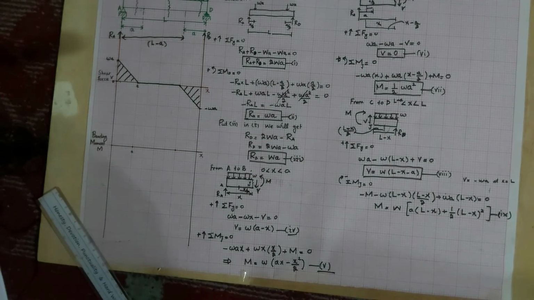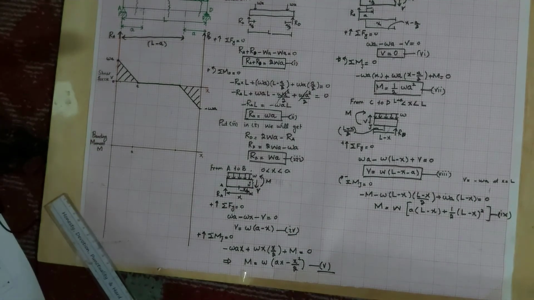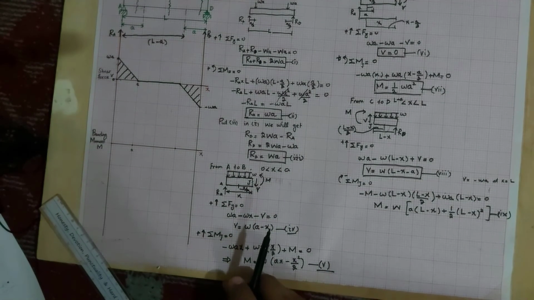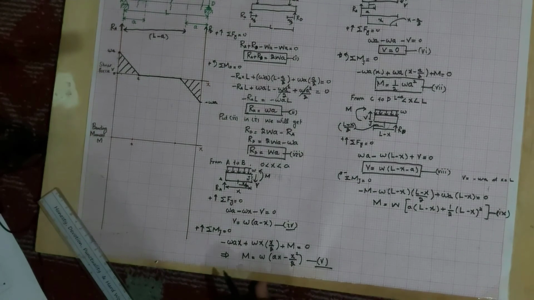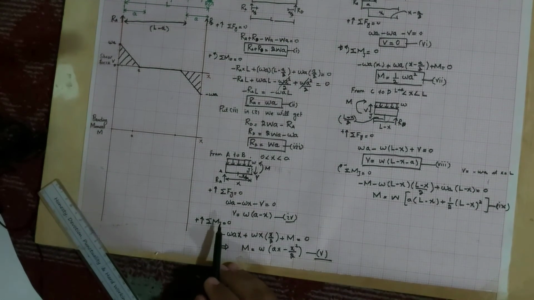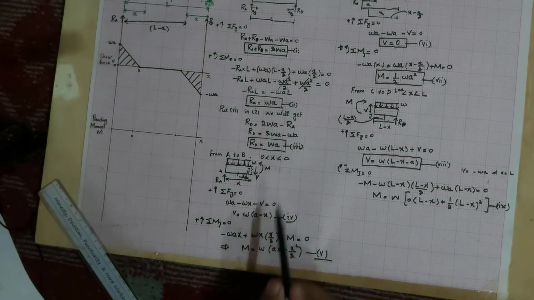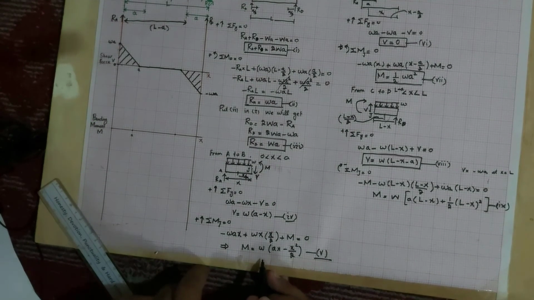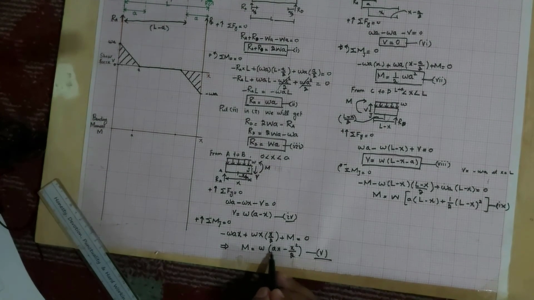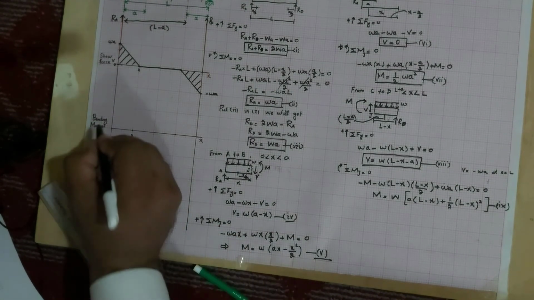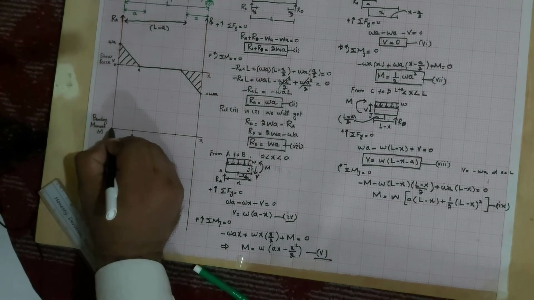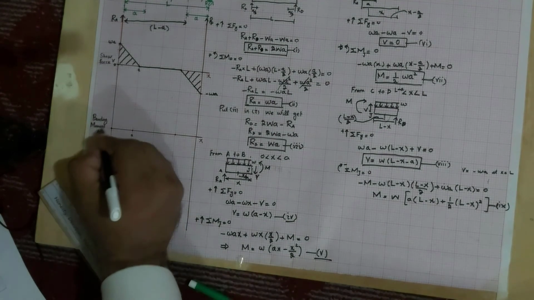Now we will come toward the bending moment diagram. For the bending moment diagram, we have the equation for x greater than 0 and less than A. Now if you put x equal to 0, the moment will be 0. Clear?